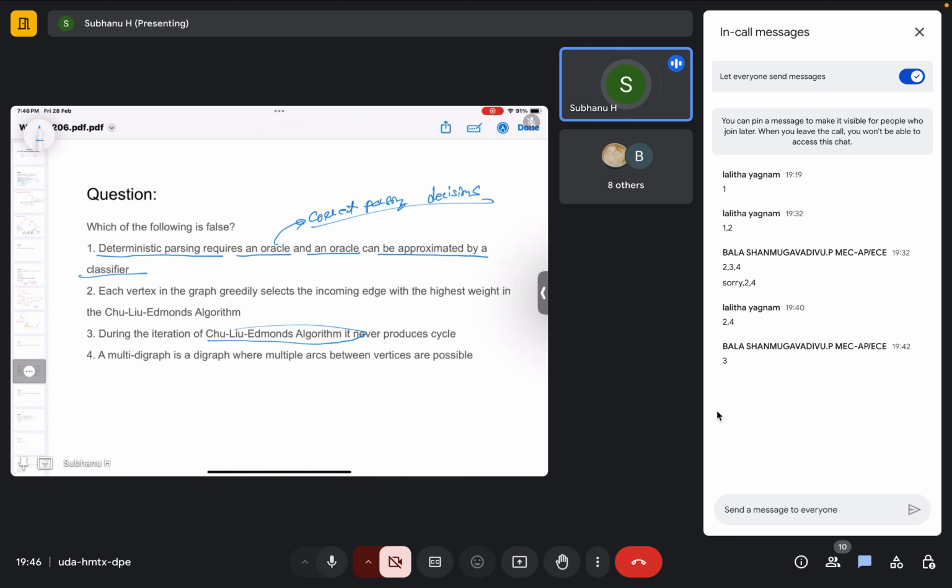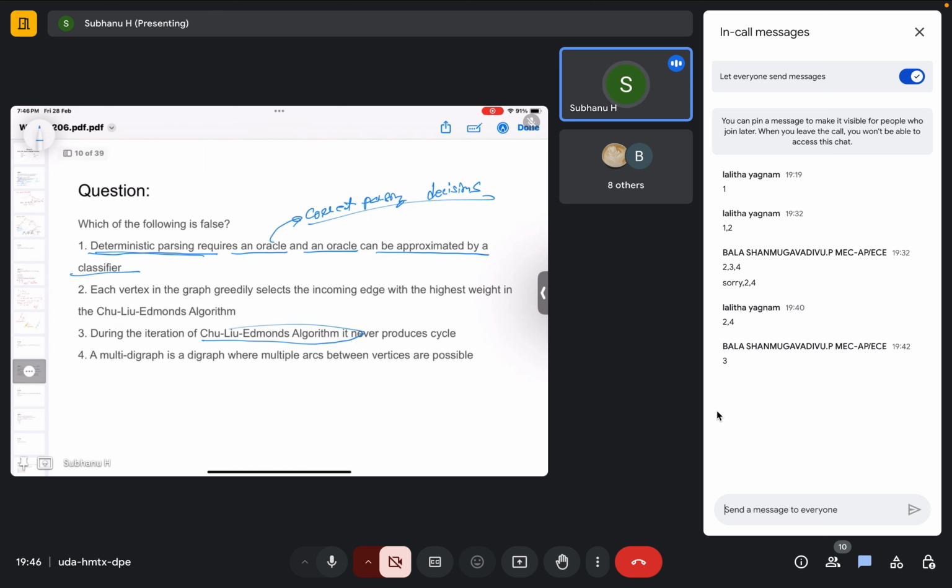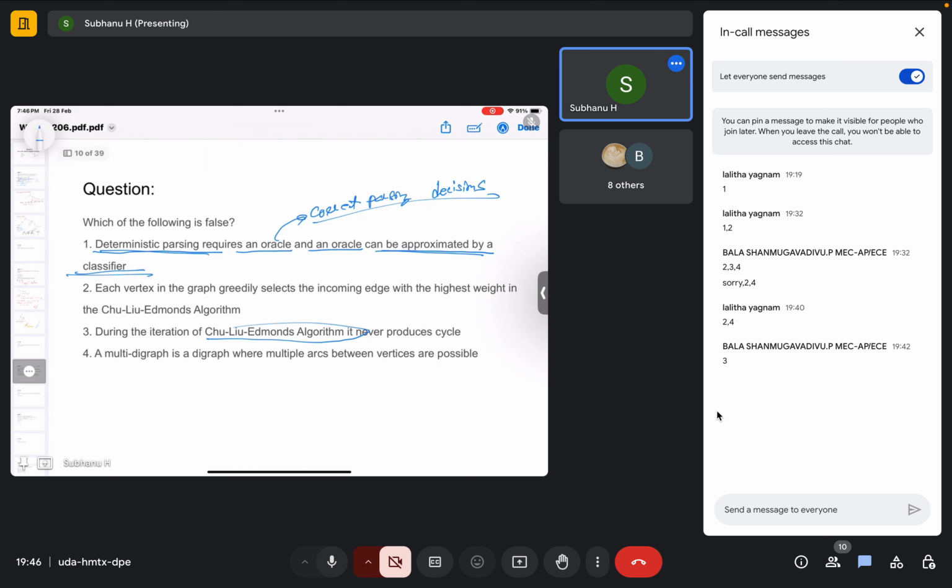So this oracle is generated by a machine learning classifier, and this happens during training. So that's why this statement is true: deterministic parsing requires an oracle, and this oracle can be approximated by a classifier. This classifier is basically the ML based classifier, right?